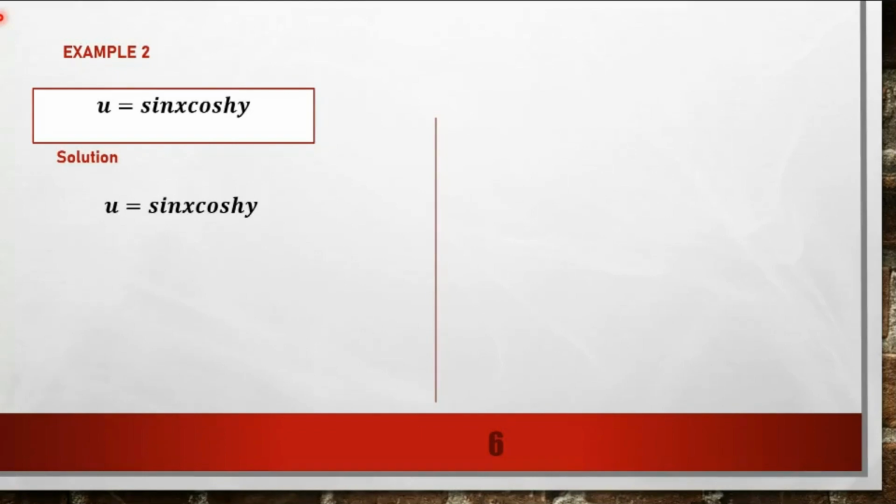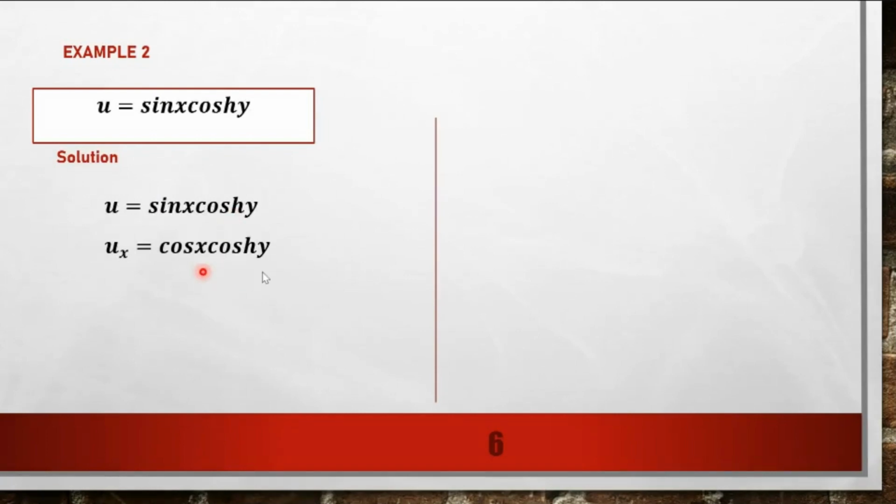So u is given as sin x cosh y, so ux will become, okay, we are differentiating u partially with respect to x. तो cosh y जो है वो constant term है, तो sin x का derivative हो जाएगा cos x into cosh y.